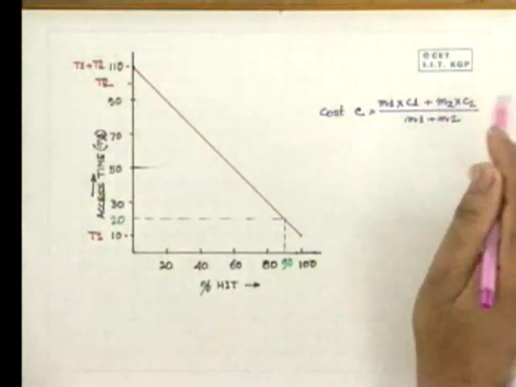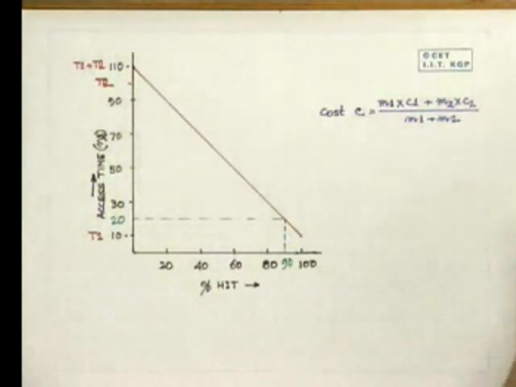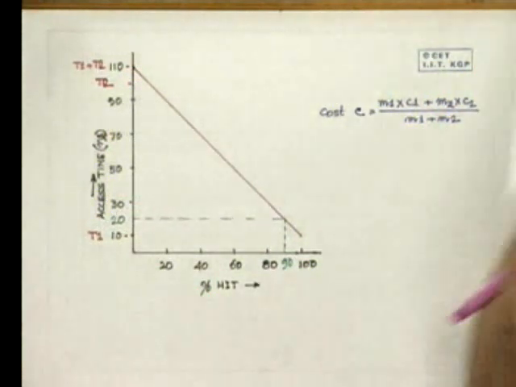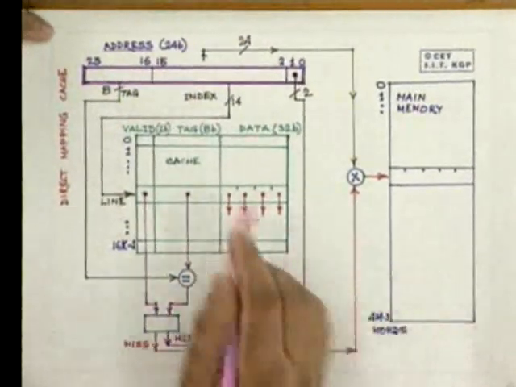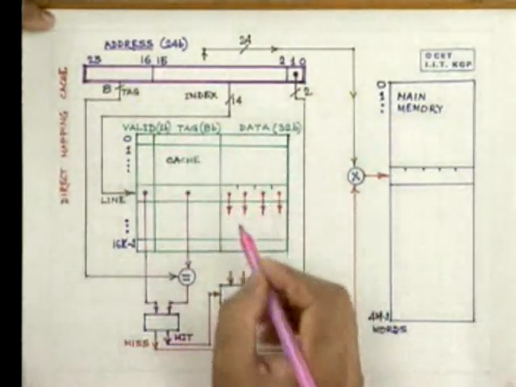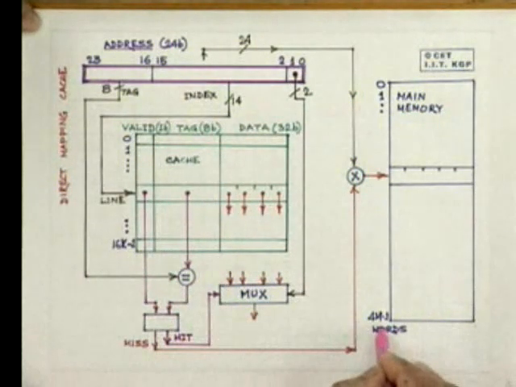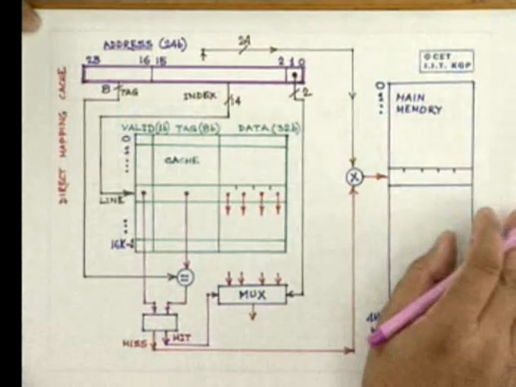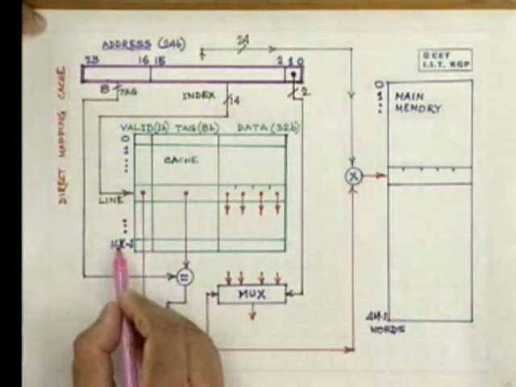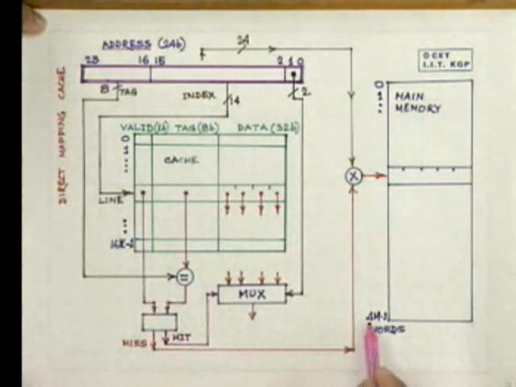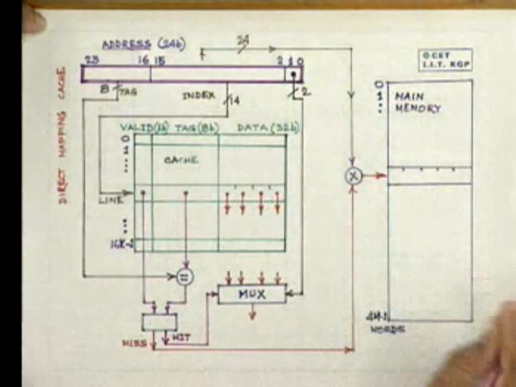And in this case, we have taken 16K as the cache memory and 16 megabyte as the main memory. Okay, or 16K word as the cache memory, or 4 mega word as the main memory.